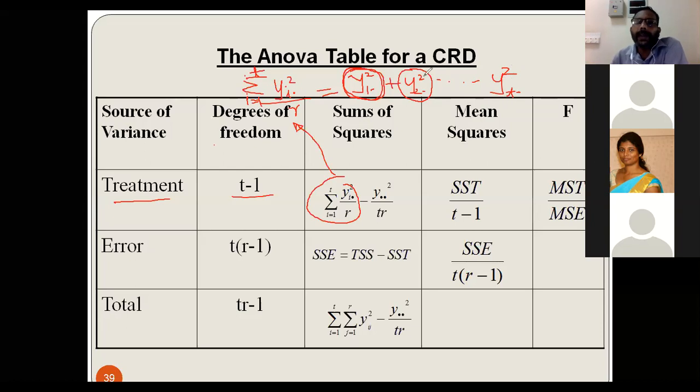T dot square, squaring it up, divided by respective replicates. So here, if you have the same replicate, no problem, we can divide by the common term r. Sometimes different replicates are possible.